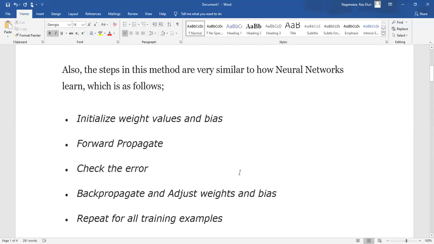If the error is optimized or minimized, or it is a local minimum, there is no need to propagate the values backward or adjust the weights. If the value is not optimized, we have to adjust the weights and bias. We repeat the process for all training examples.